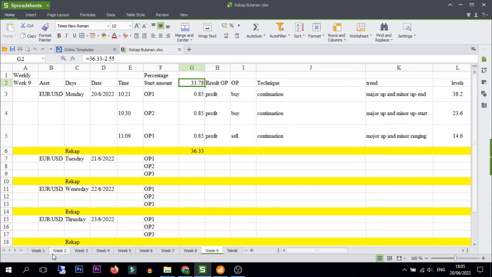After about 2 months, which is the 8 weeks, in the week of 7 here, that is the most profit that I can get. So I could get 19, but suddenly in the week of 8 I broke my rule.